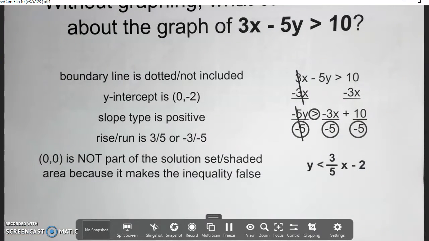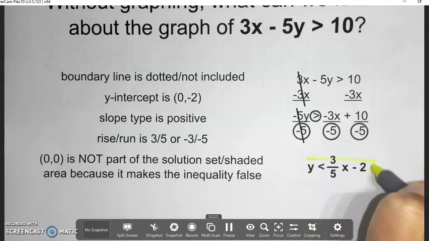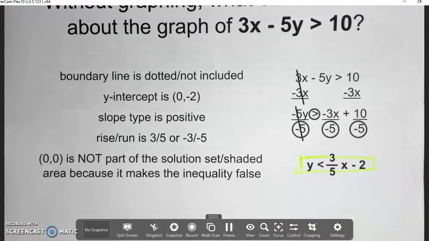Without graphing, what do we know about the graph of 3x minus 5y is greater than 10? Well, first thing you have to do is put it in slope-intercept form. And you get this. So because of this, we know that the boundary line is dotted. It's not included.